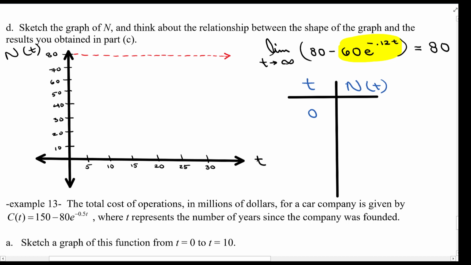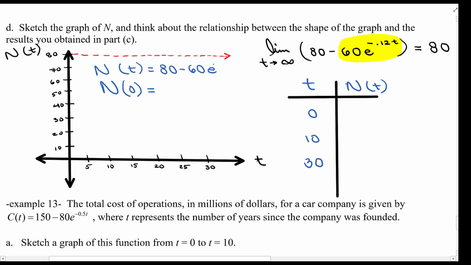So let's start off by substituting 0 into our function for t, and let's see what n of 0 is going to be equal to. First let me rewrite my function so I remember what it was. n of t is equal to 80 minus 60 e raised to the negative 0.12t power.